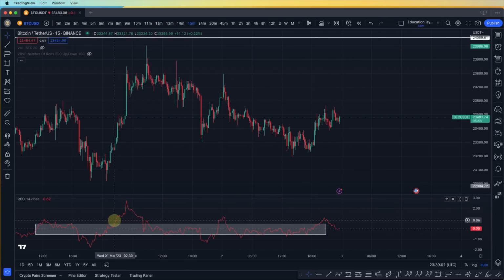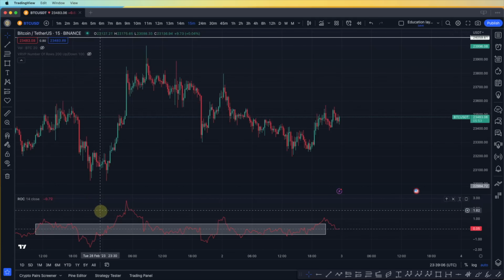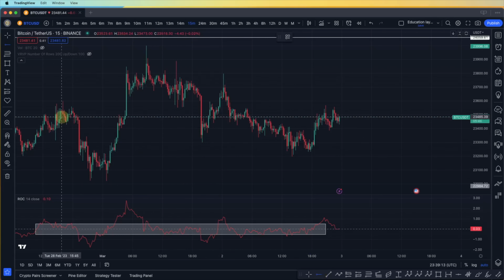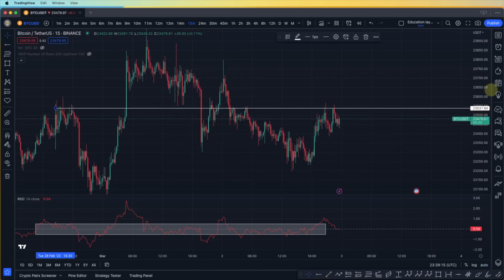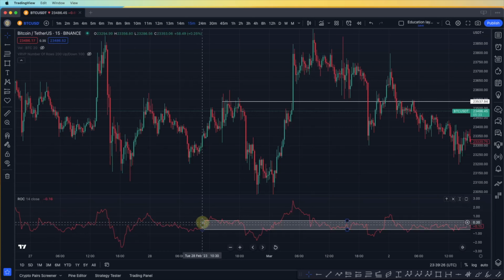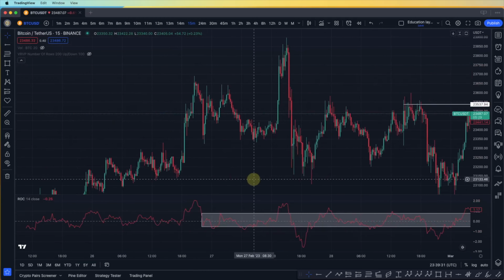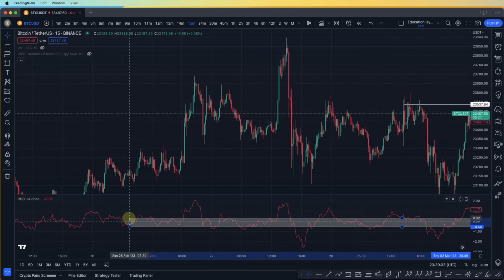As you can see here, it breaks above this one, but we have one area of support as well here, and a resistance here. If it breaks above this one, we're going to open the position as well. Exactly the same as the behavior of the momentum indicator, oscillator, sorry.